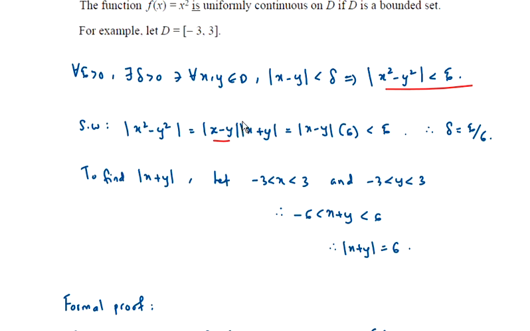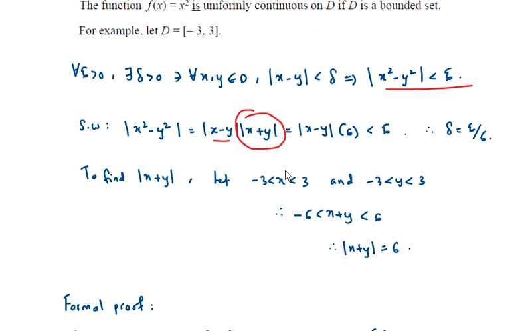Next, we need to find the bound of x plus y, where x approaches y. To find the bound of x plus y, kita kena let dia punya x dengan y ni dalam bounded set of -3 and 3. So we let x between -3 and 3 and then we let y between -3 and 3.